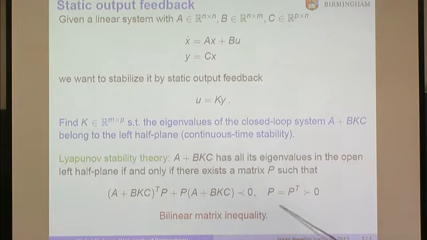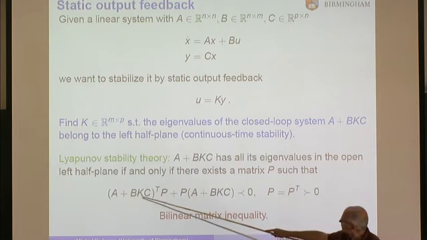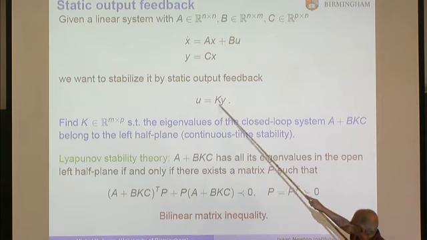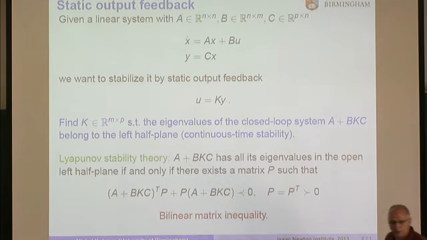And so to find the stabilizer, to find the matrix K, we have to just solve this feasibility problem. And you see that's a bilinear matrix inequality, because the variables are the matrix K, which we have to find, and the Lyapunov auxiliary variable P multiplied here. It's a BMI.